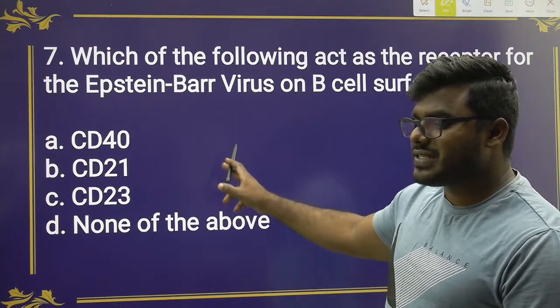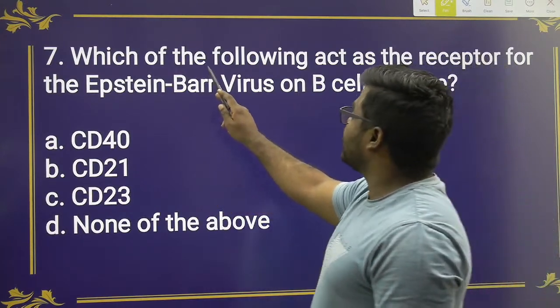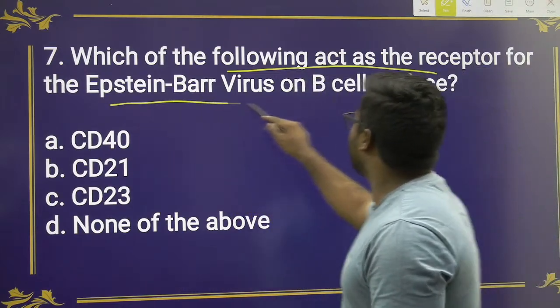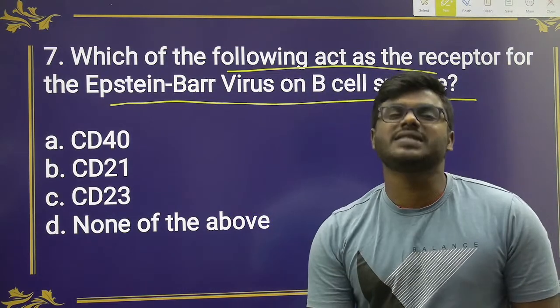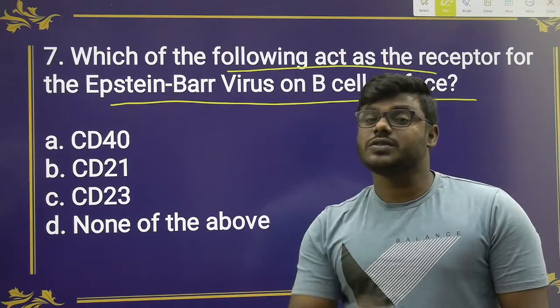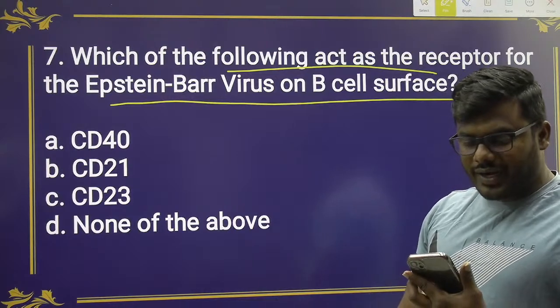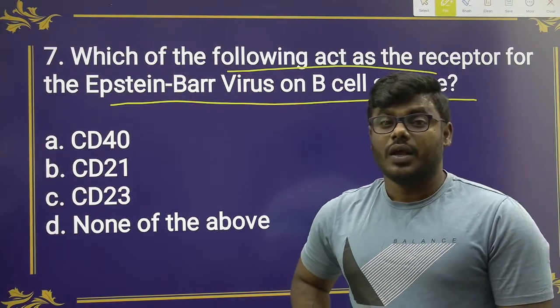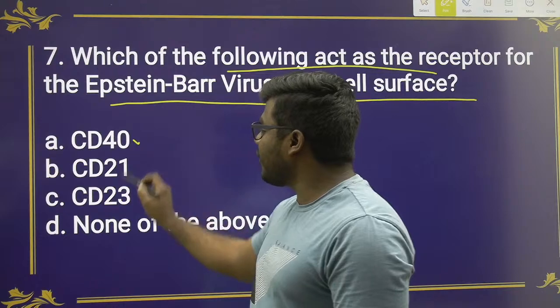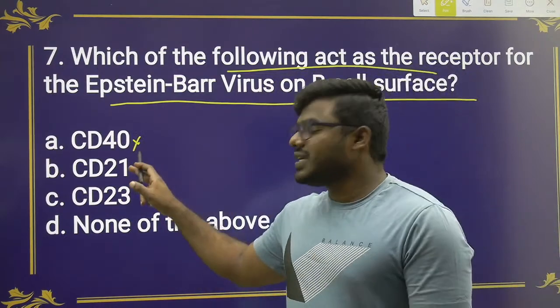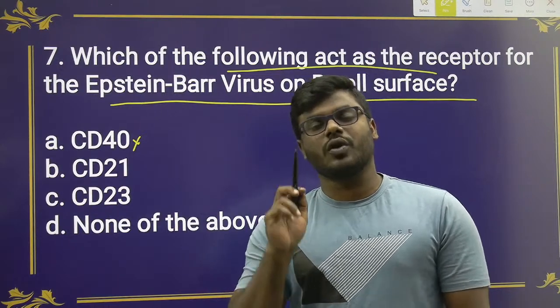The question says, friends, which of the following acts as the receptor for the Epstein-Barr virus on the B cell surface? First of all you have to remember what kind of receptors are present on the B cell surface. CD40 is not present on the mature B cell.